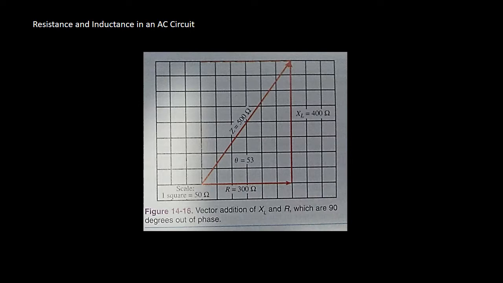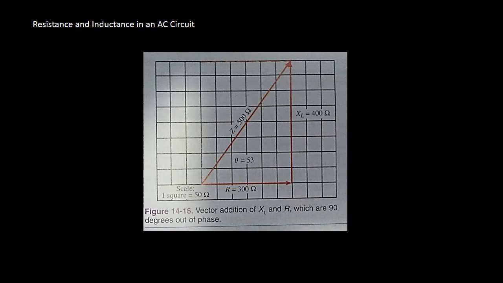The total opposition to an alternating current in a circuit having resistance and reactance is the impedance. The symbol for impedance is Z, capital Z, and it is measured in ohms.